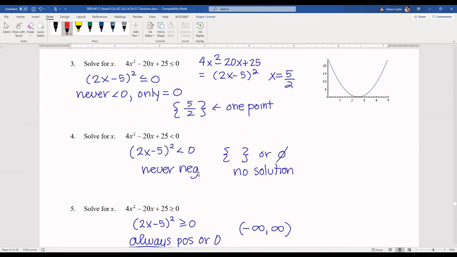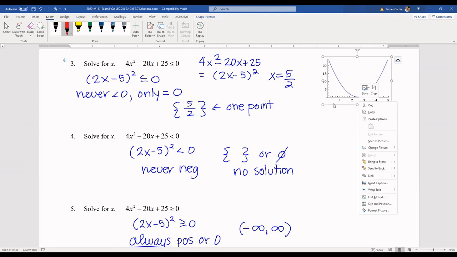Okay. In this case, here it is. Here's our graph. Now, in this case, there's only one point because this says less than or equal. It touches this point at 5/2.